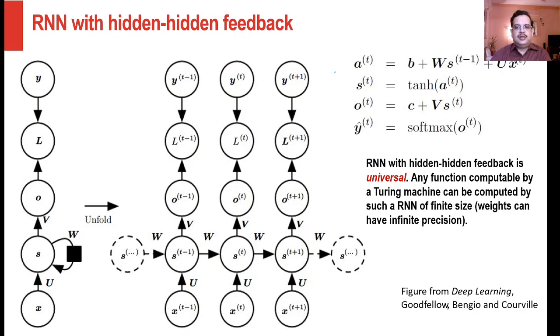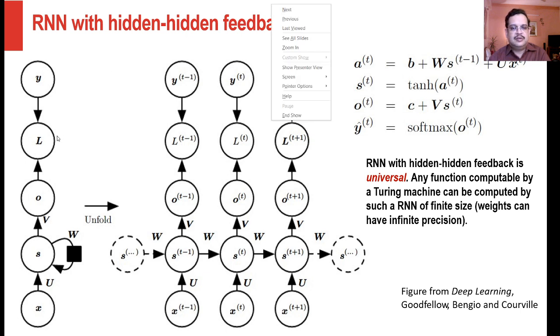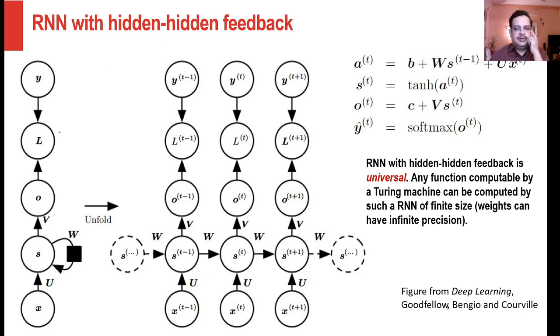When we talk about RNNs with hidden feedback, then we have something like this. So what do we have here? This is the input layer which is feeding into this one, and there is the recurrent connection here.